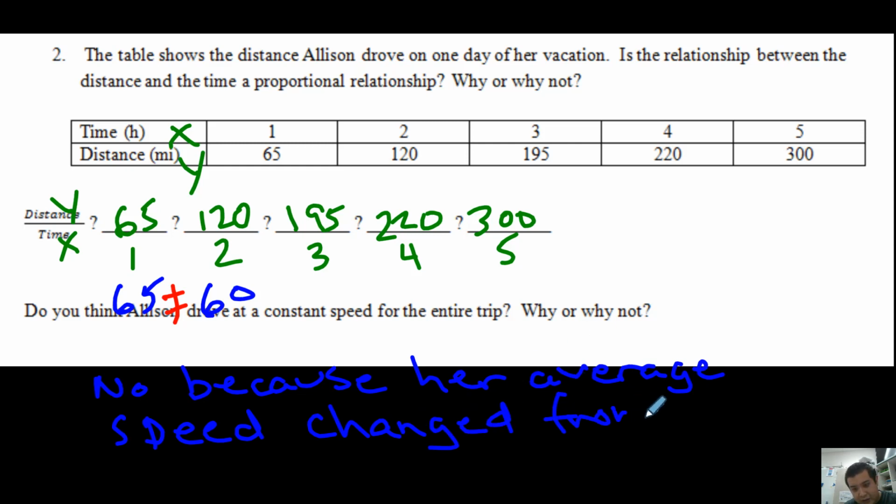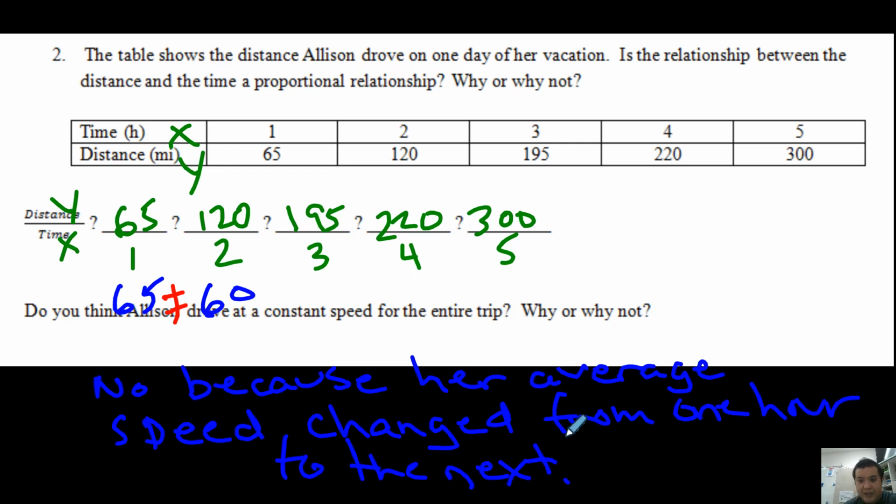So this is not a proportional relationship. In order for it to be proportional, these all have to be equivalent. Her speed has to be constant throughout the entire trip.